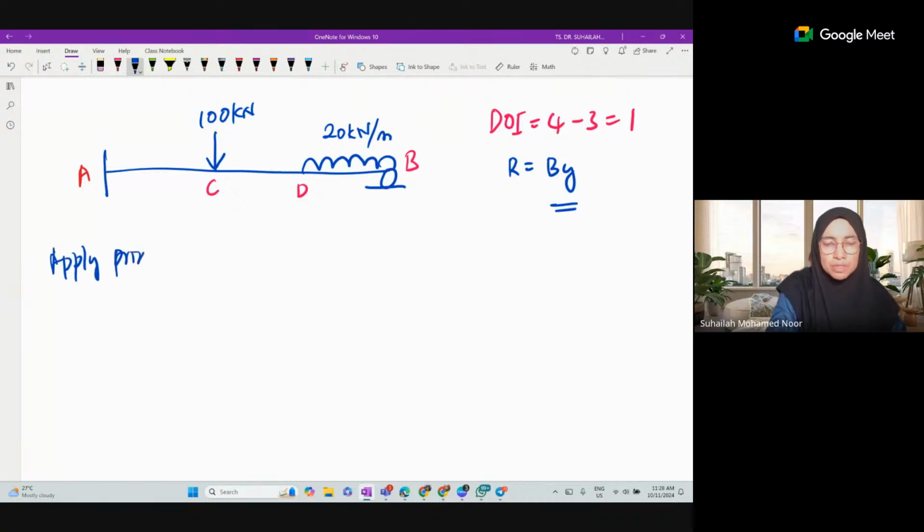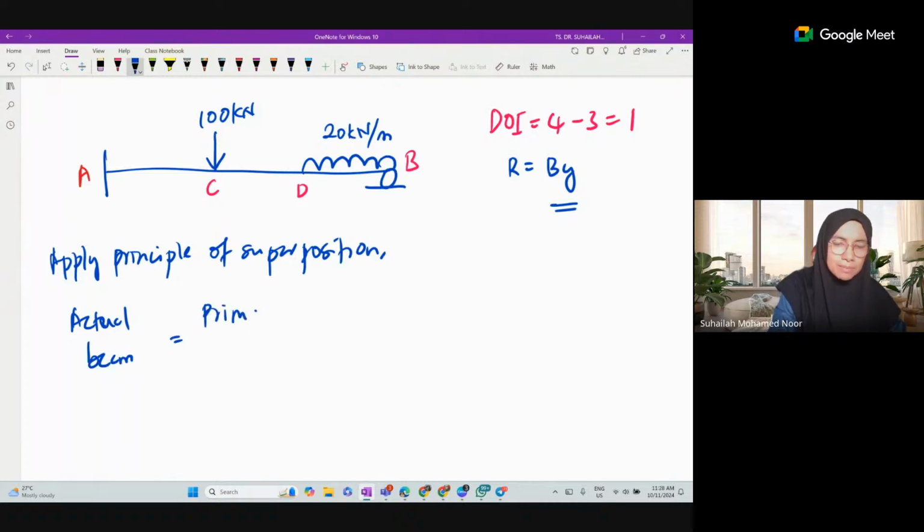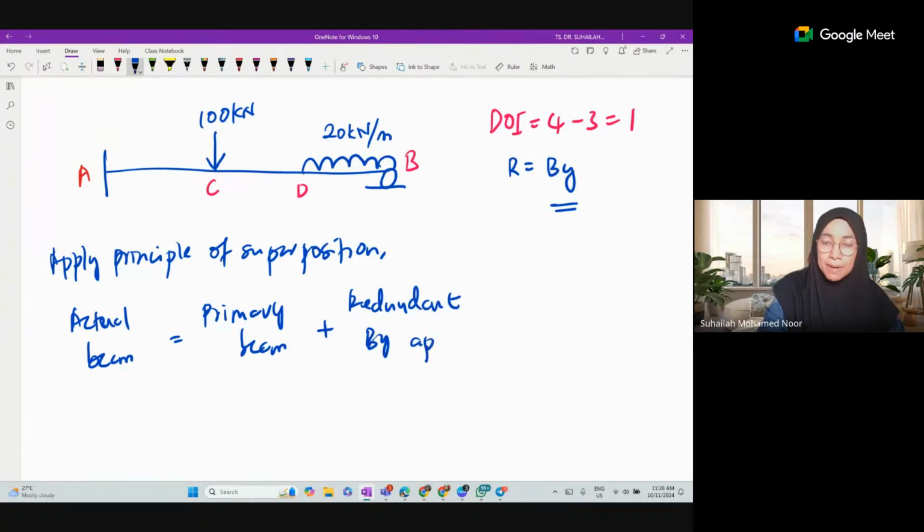Okay, so we apply the principle of superposition, where it states that the actual beam equals the primary beam plus the redundant beam. To be specific, we can write here redundant BY applied.